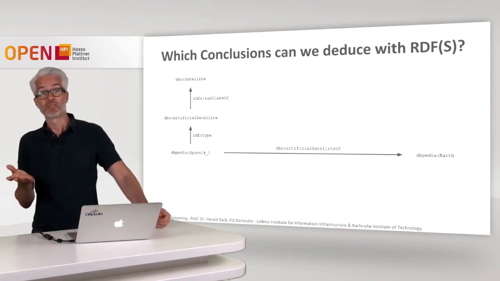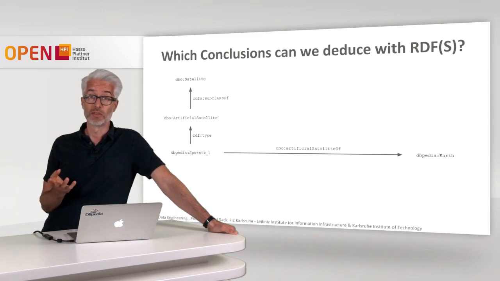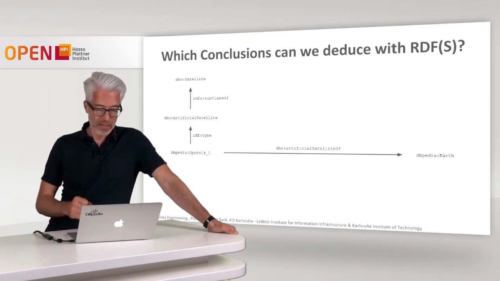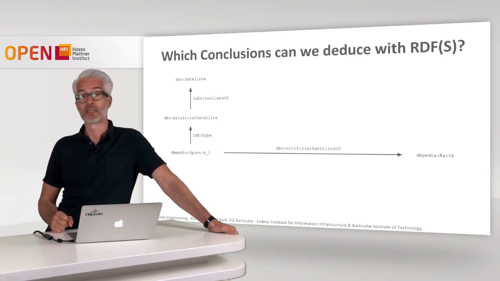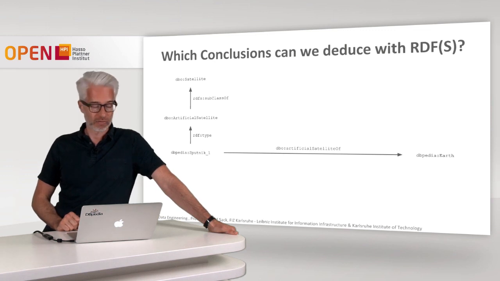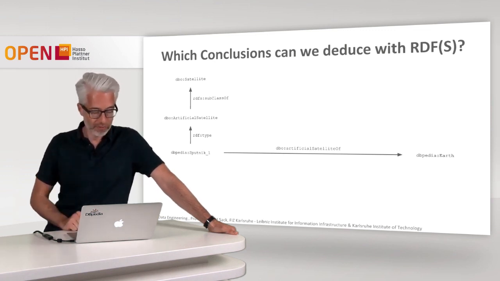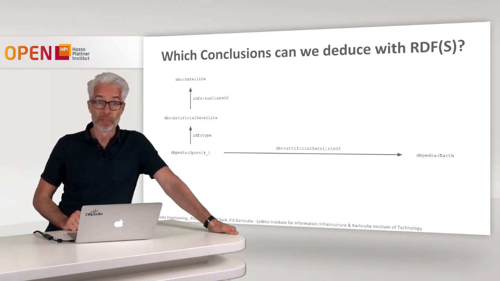Okay, we have a given structure, and now we want to know what kind of conclusions we can deduce with RDFS. So let's have a look here. We have Sputnik 1, which is an artificial satellite of Earth, and we see here it's of type artificial satellite, and artificial satellite is a subclass of satellite.